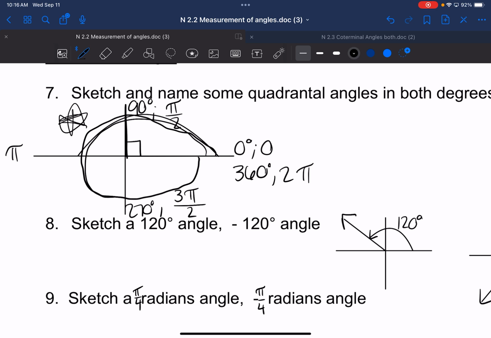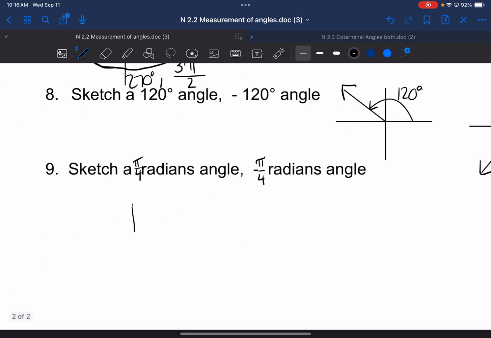Smaller, right? So that would be in this quadrant, right? Would be where pi fourths is, between 0 and pi halves. So when I sketch here, my pi fourths would be in this quadrant. So here's my positive one, because I'm going to go counterclockwise.